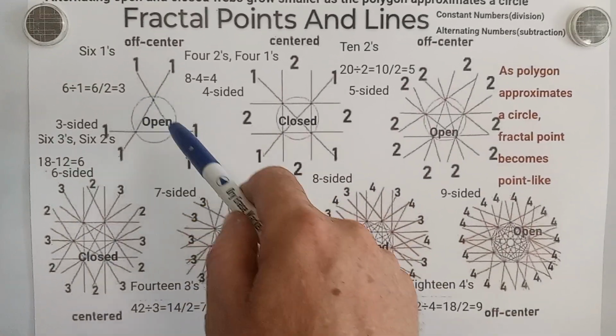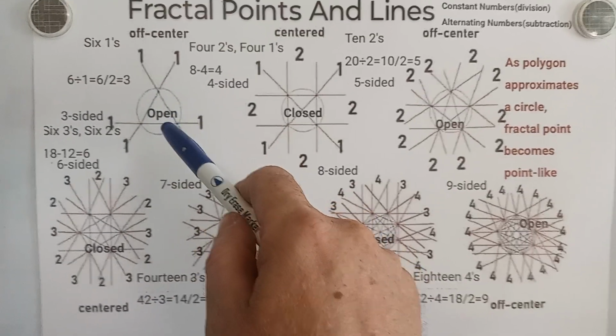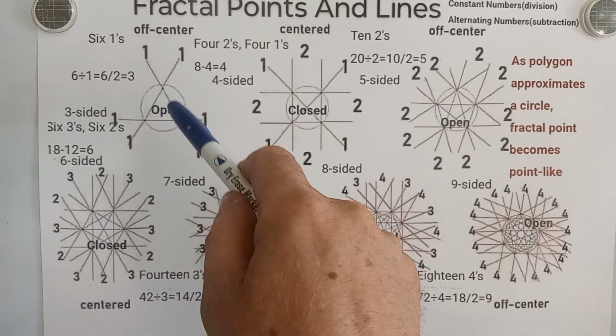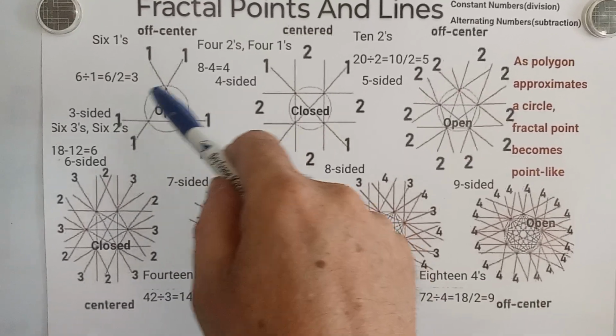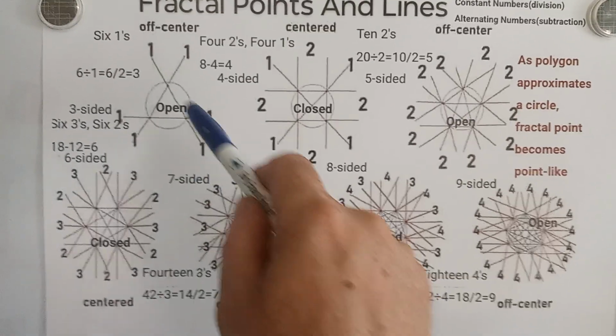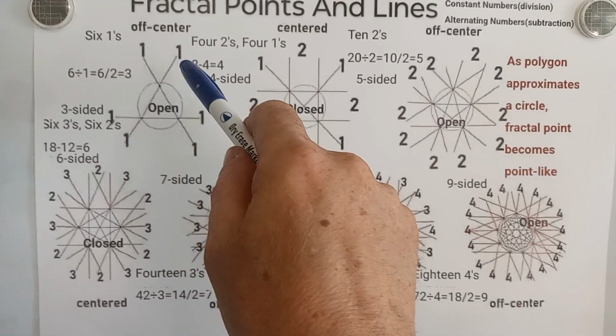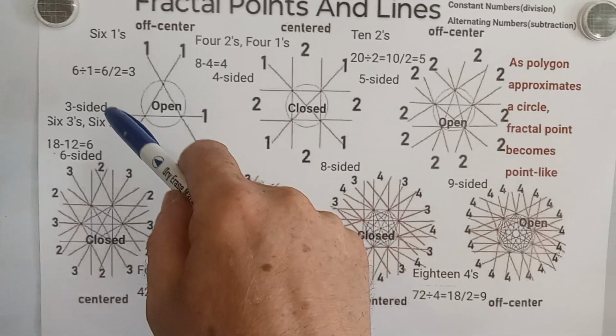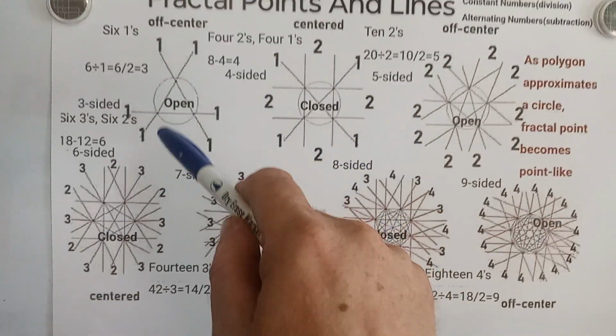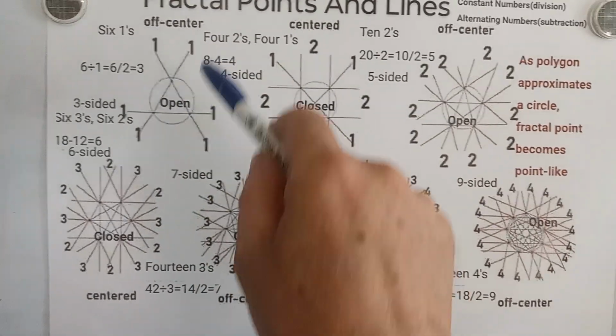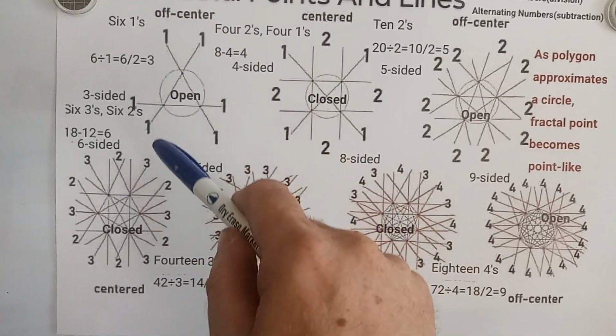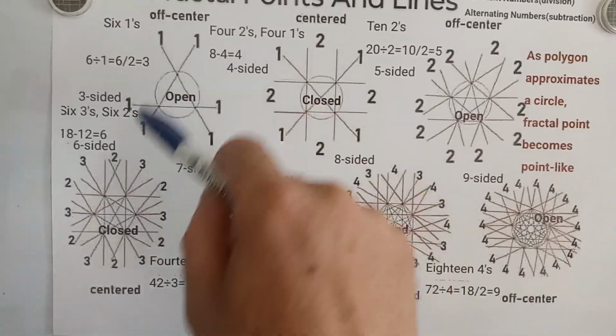So, a triangle, that's the simplest 2-dimensional polygon, but you don't know this is a triangle that's inscribed in this fractal point. But all you see is one line repeated going around. So you label one on both sides. That gives you 6.